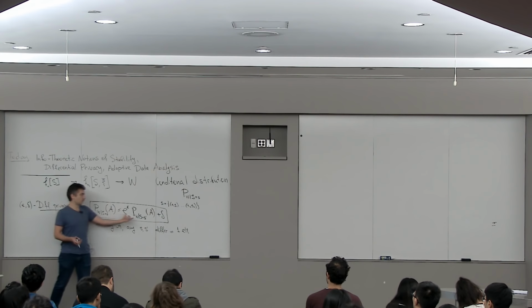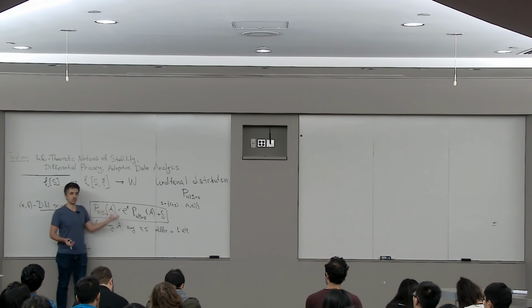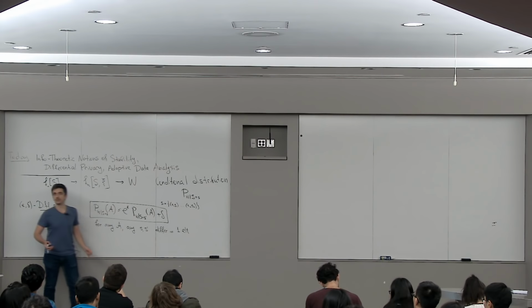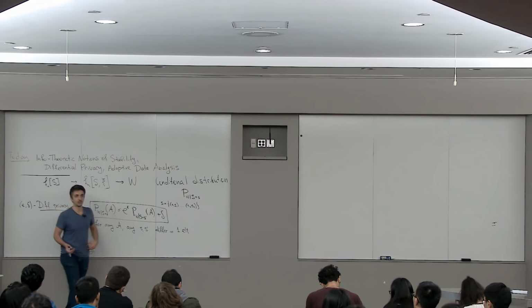So what should happen is that the conditional probability distribution should not change too much, both multiplicatively and additively, when you change one point in the data set.